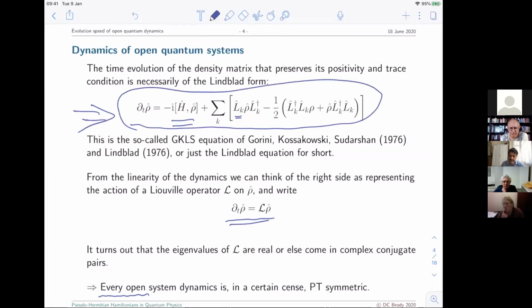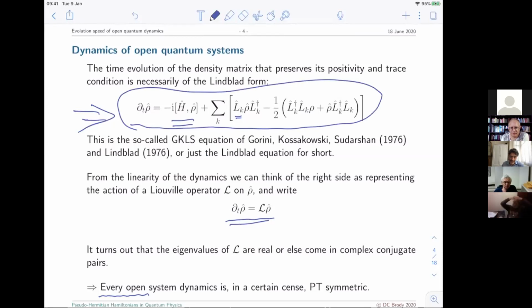And for this class of open systems, you can regard them as being PT symmetric, okay? In which way they will correspond, where does the physics come in, that is an interesting research topic. You can explore that. And that's pretty much open. I think not much has been done.